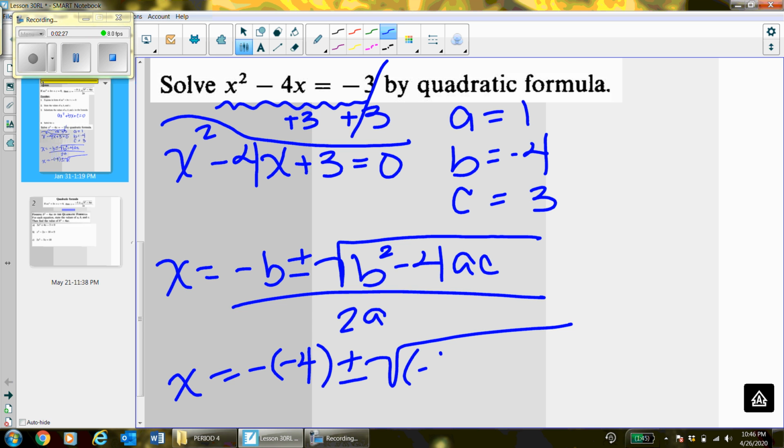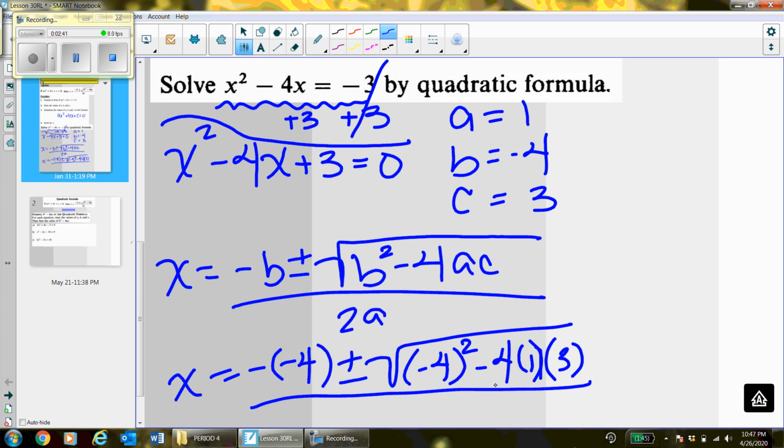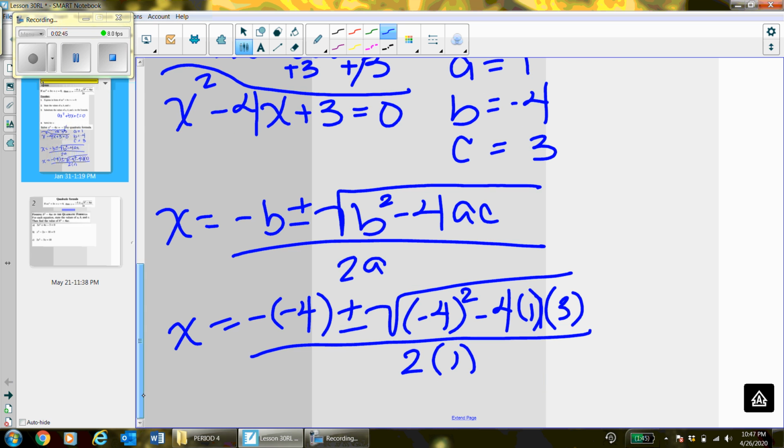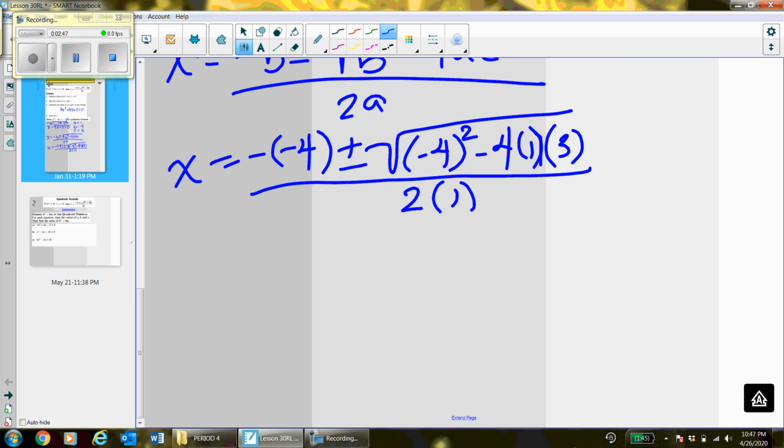So negative 4 in parentheses squared, minus 4 times 1, and then times c, which is 3, all divided by 2 times 1. x is equal to, a negative times a negative is a positive, 4 plus or minus.